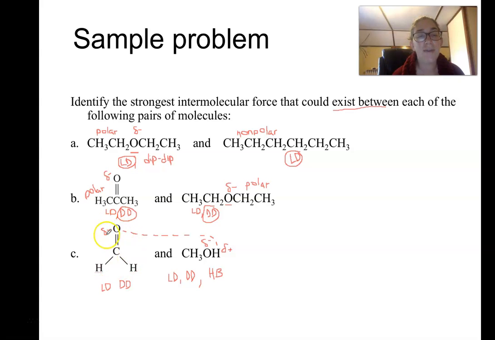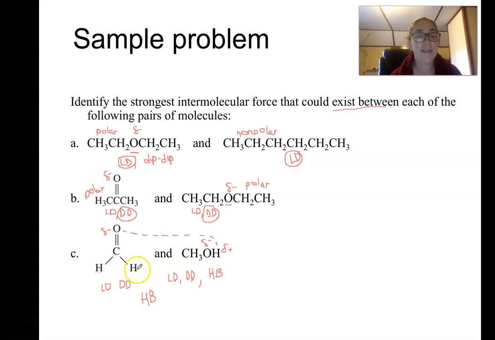So even though if you had a bunch of these molecules just by themselves, the strongest force they could have with themselves is dipole-dipole because there's no hydrogen bond donor, if you mix them with something that has a hydrogen bond donor, they can be involved. They can serve as a hydrogen bond acceptor. So in this case, hydrogen bonding is actually the strongest force that they can have together.